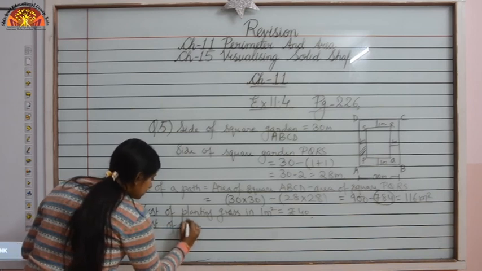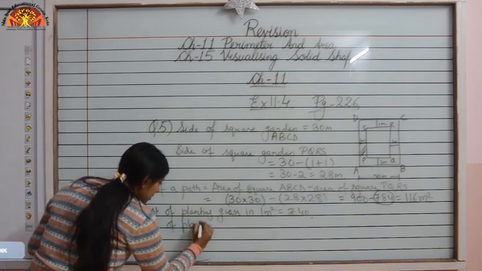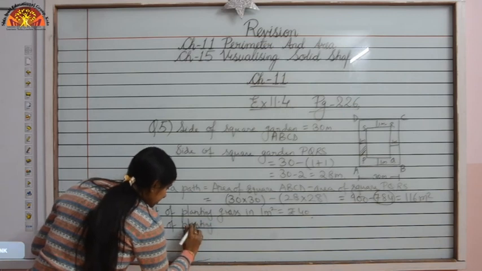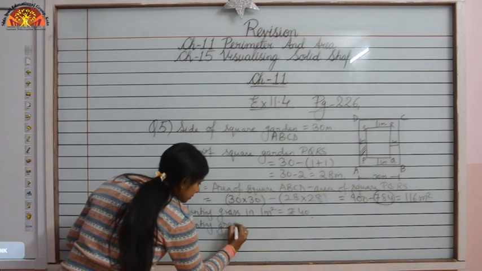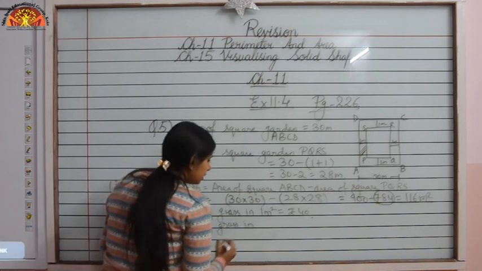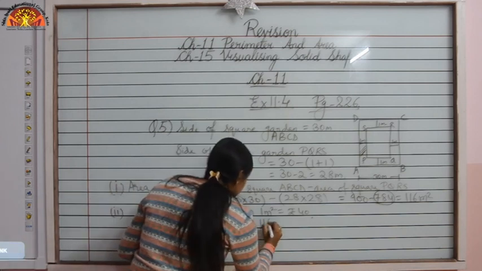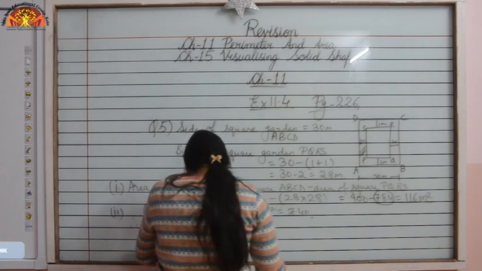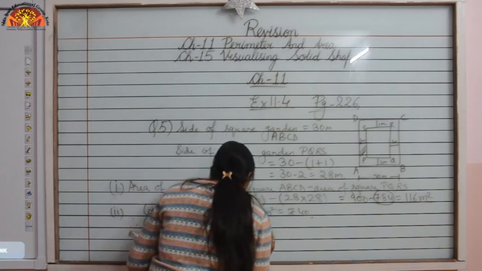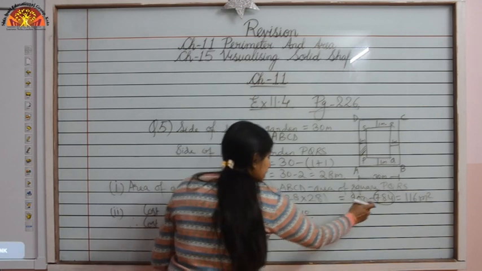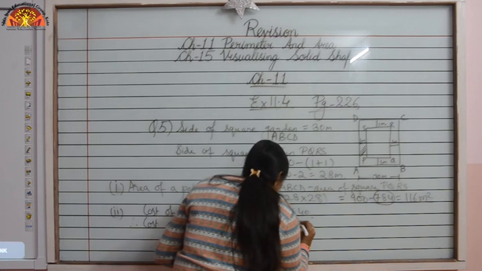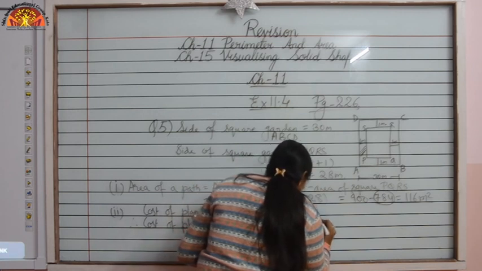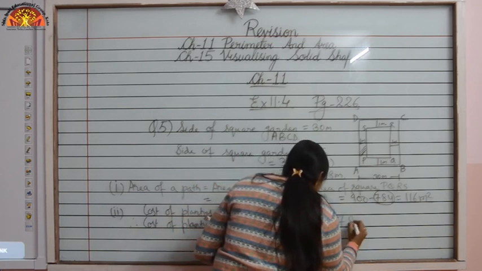cost of planting grass, what is the remaining portion area? That is 784 meter square, which is equal to 40 into 784.